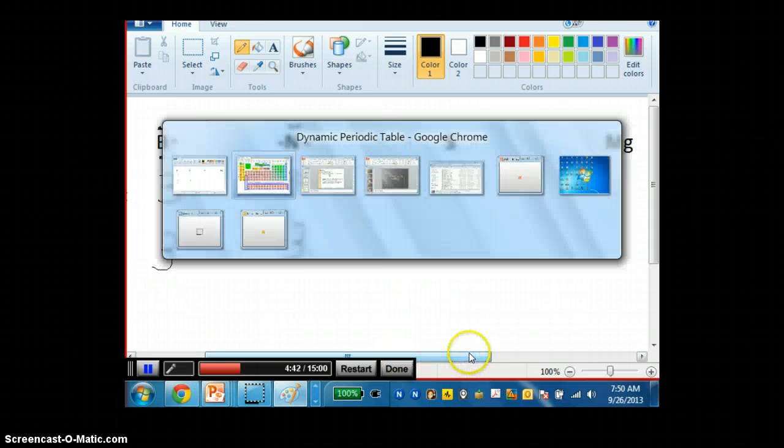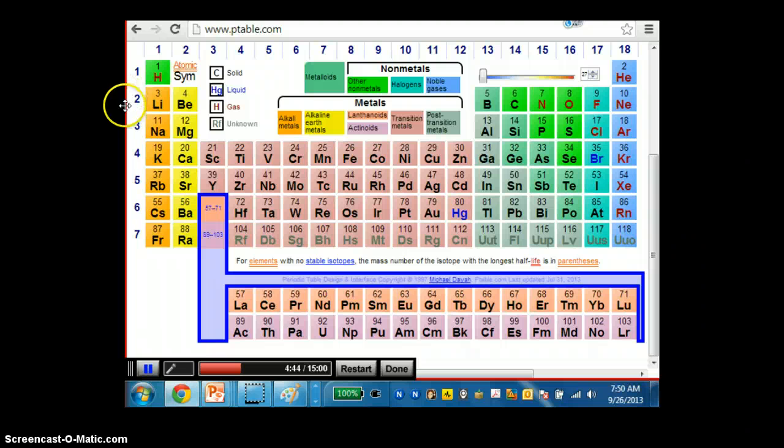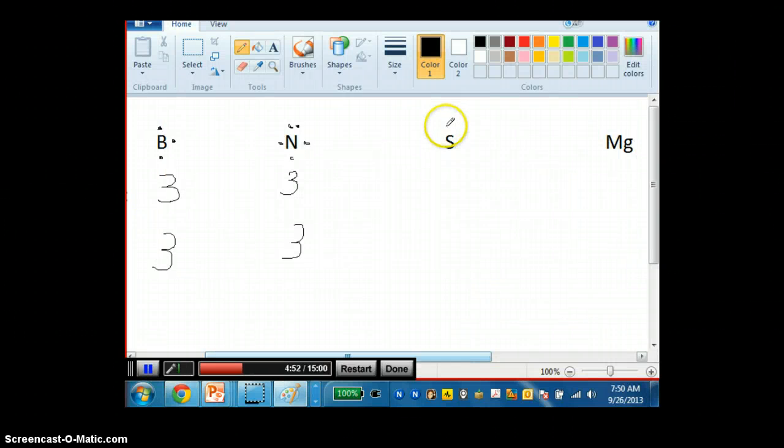Okay? Going over to sulfur. It's in the third row. 1, 2, 3, 4, 5, 6. It has 6 dots. Okay, so it can make 2 bonds because it has 2 single electrons, means it can make 2 bonds.